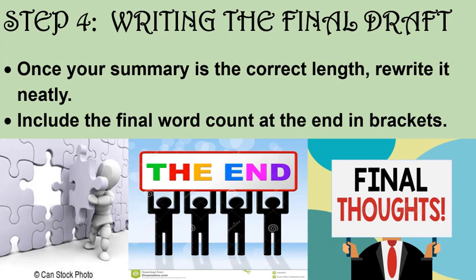When everything there is done, then you make sure that what you have written down in your rough draft is 70 words. If it's more than 70, go back, take out unnecessary information, adjectives and adverbs, all of that. And then only when you see everything is good, everything is fine, then you go back, you write your final draft.